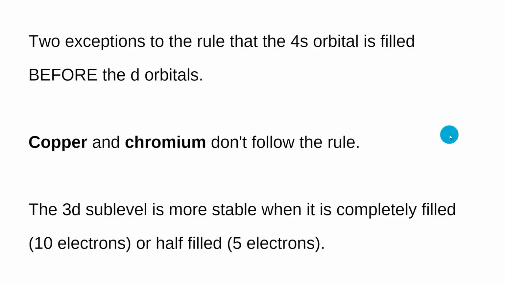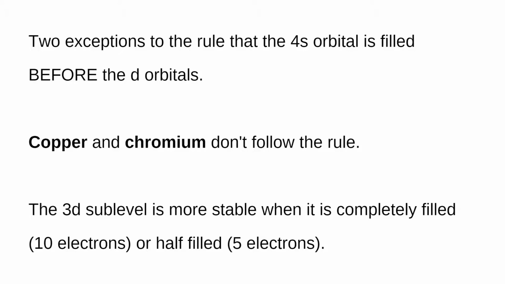All right, so now we're going to look at those two exceptions to the rule, the copper and chromium. So we can't just move along the periodic table adding one electron to each orbital for each element, as we did previously. And that's because the 3d sublevel is more stable, so the atom is more stable when this sublevel is either completely full with 10 electrons or half filled with only 5 electrons.